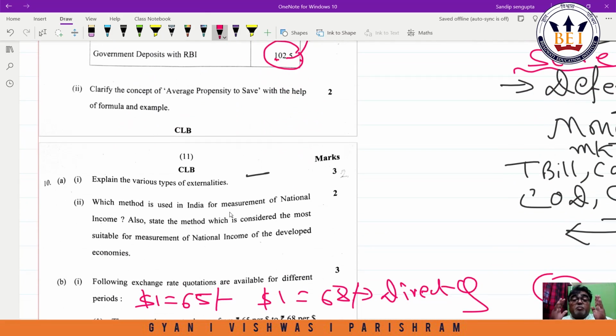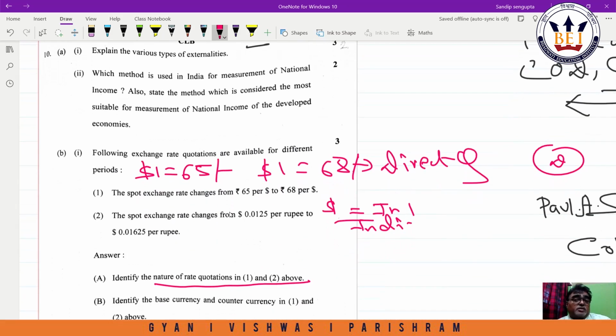APS is nothing but the ratio between saving and income. Externality I have said in two formats. One is external benefit, another is external cost. Under external benefit, again two parts: positive production externality, positive consumption externality. External cost: negative consumption externality, negative production externality.